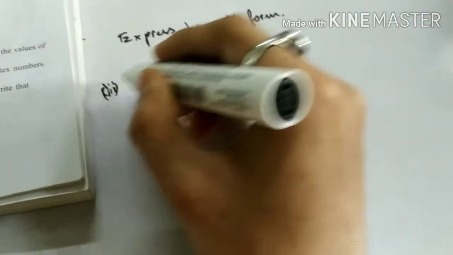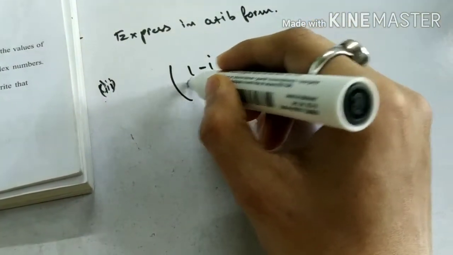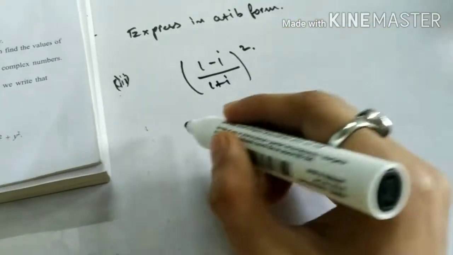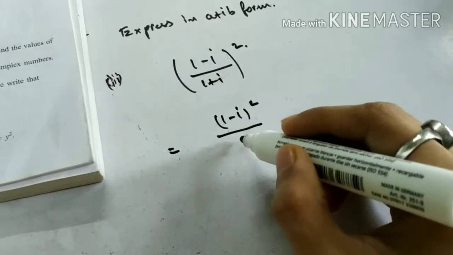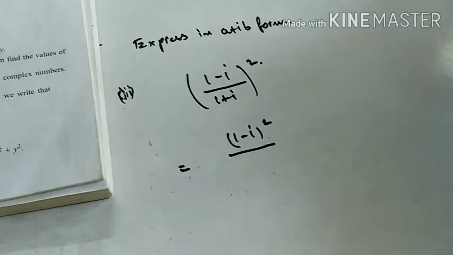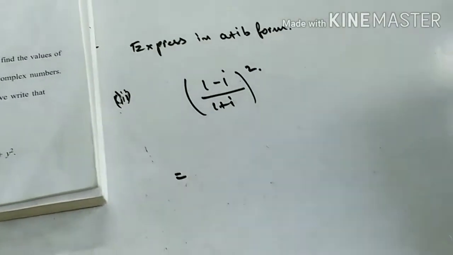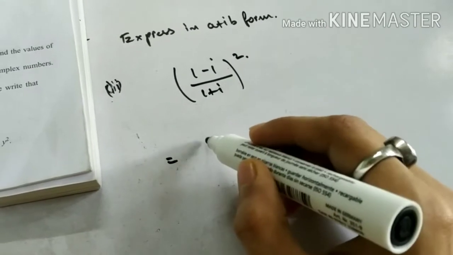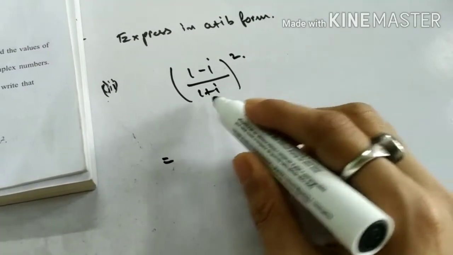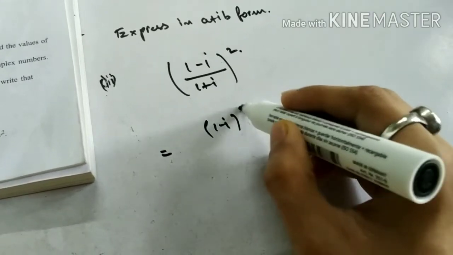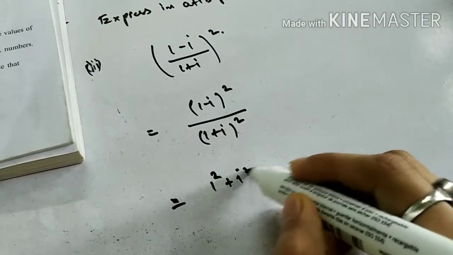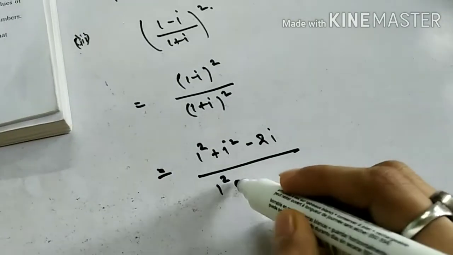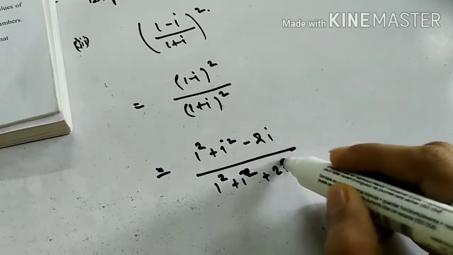Next again, number 3, 1 minus i by 1 plus i the whole square. So again this one becomes 1 minus i the whole square by 1 plus i the whole square. 1 square plus i square minus 2i by 1 square plus i square plus 2i.